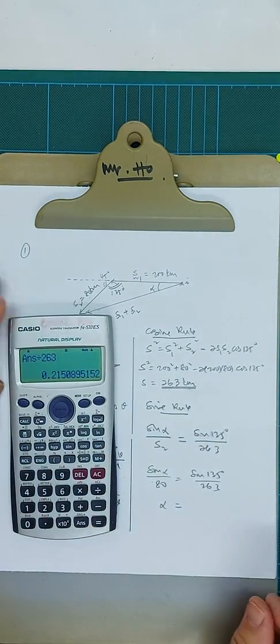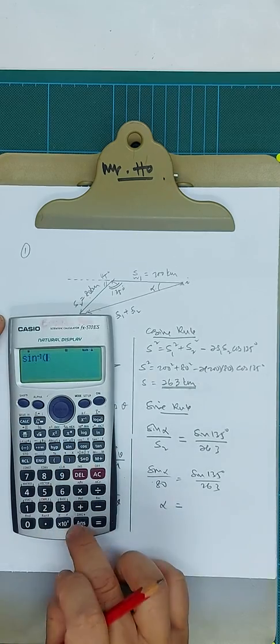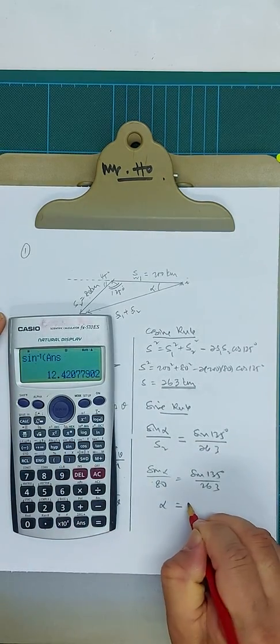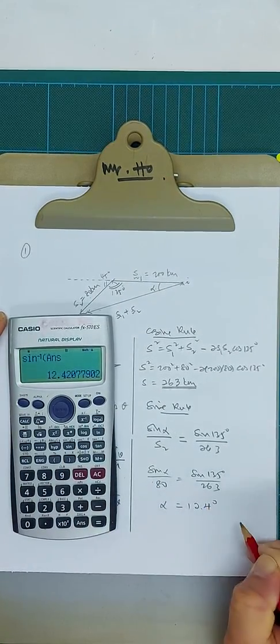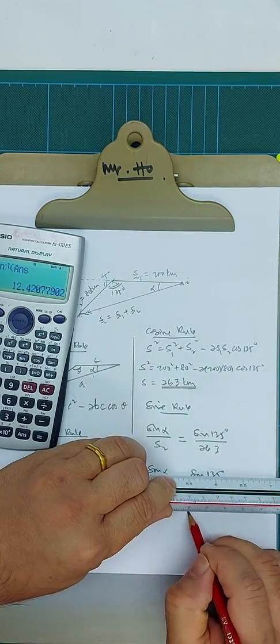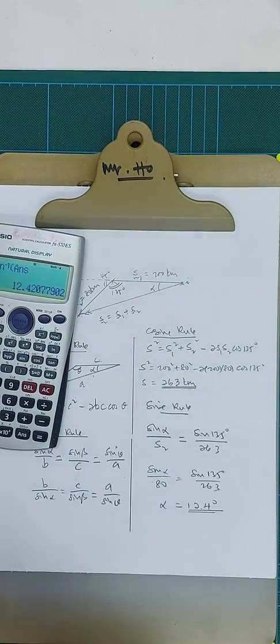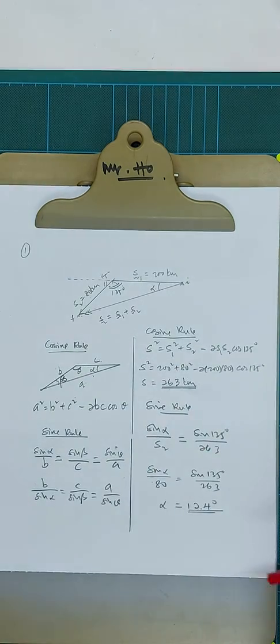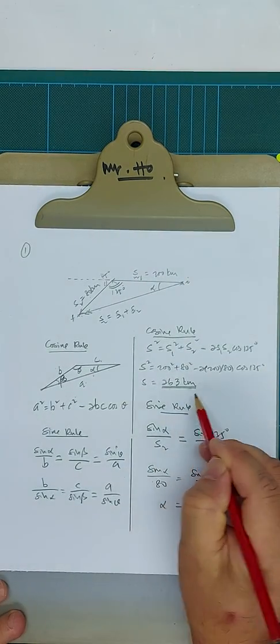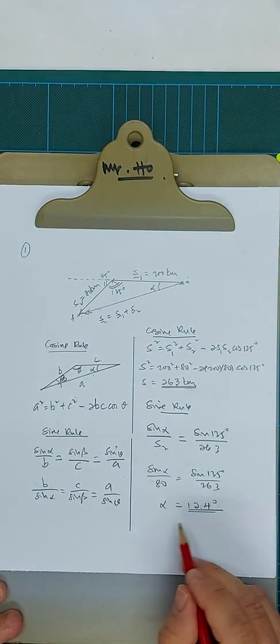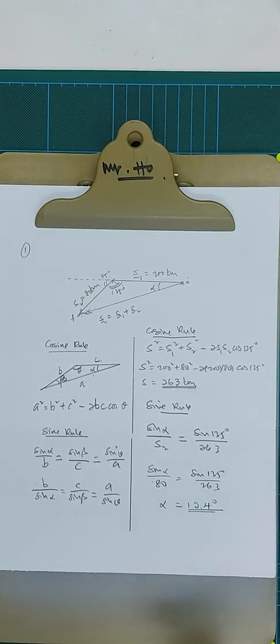That is 0.21. We take the arc sine, and that will be 12.4 degrees. All right, so that is our question number 1. The magnitude is 263 km and the angle is 12.4 degrees.